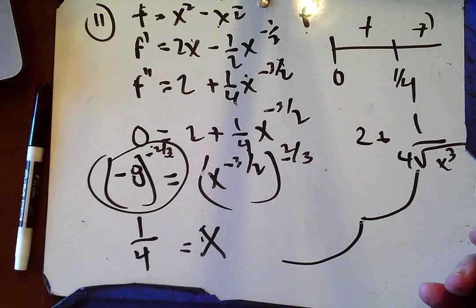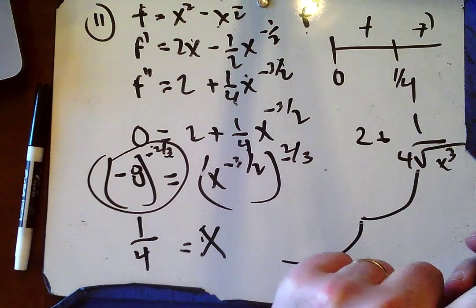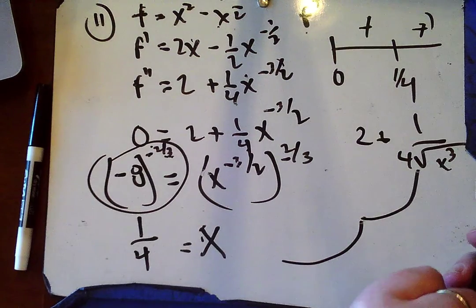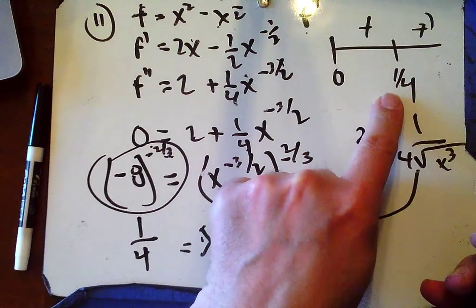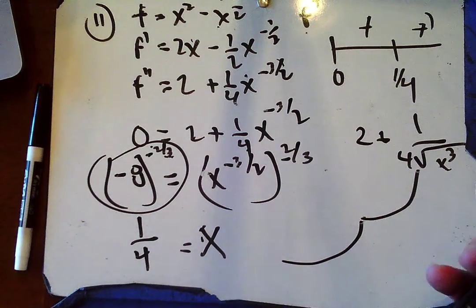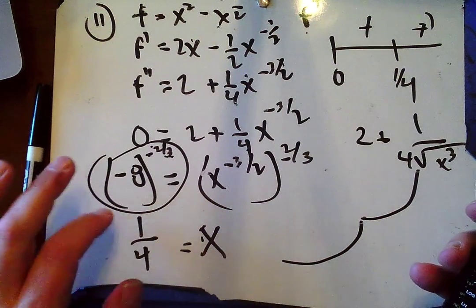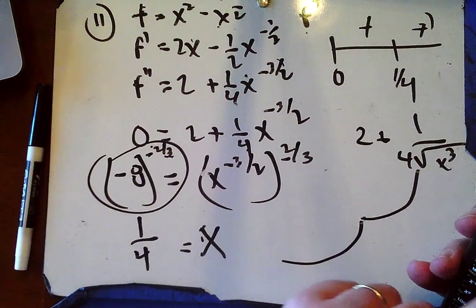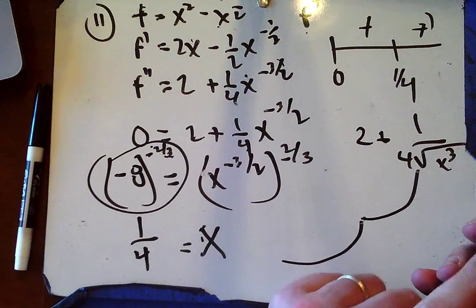Oh, there it goes. Okay, and there is a min, and there is a max, and yes, this thing is always concave up, but we thought something was going to happen at 1/4, and I don't see anything happening at 1/4 here. Oh, but there's no sign change. Yeah, but what is happening at 1/4?